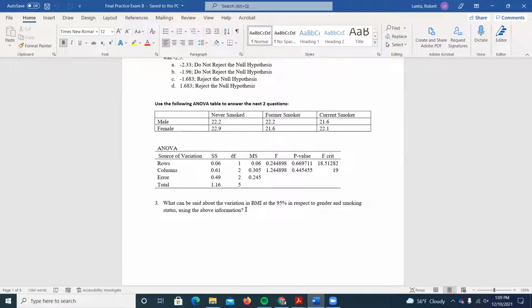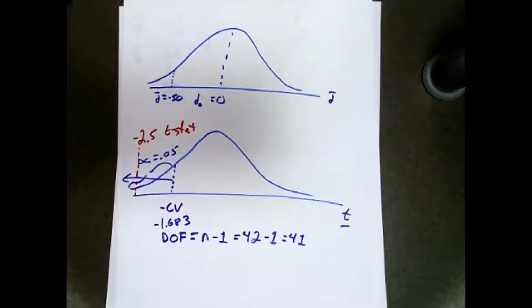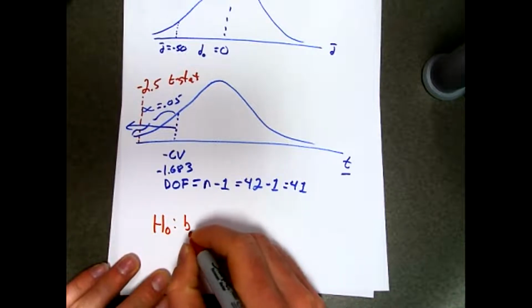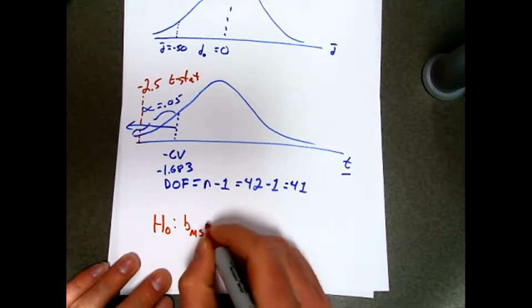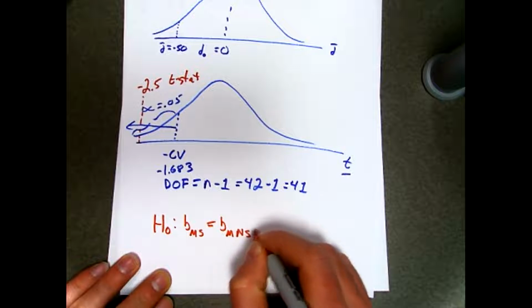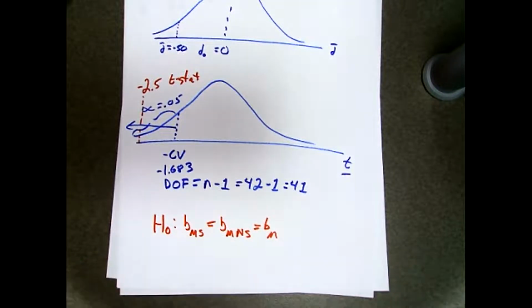The way we determine if there's variation coming from these factors, in our rows and our columns, is by running this 2-way ANOVA and looking at the p-value associated with the row variation and the column variation. Our null hypothesis, floating around in the background, is that all these different groups are the same: male smoking is the same as male never smoked, and so on. We start out thinking there's no variation in any of these groups.